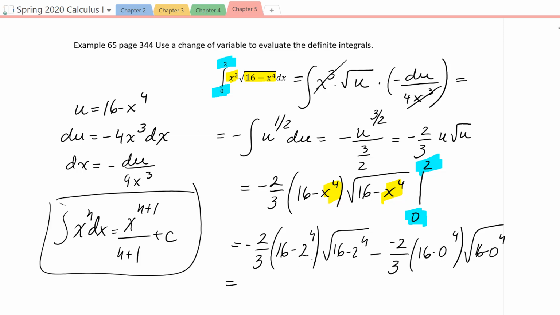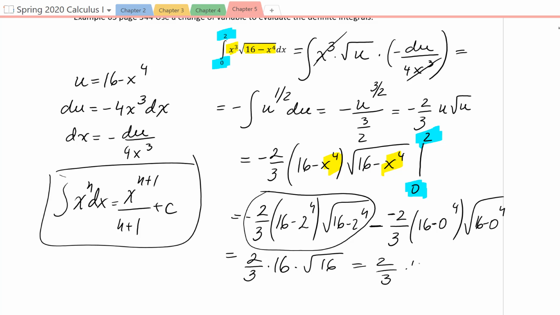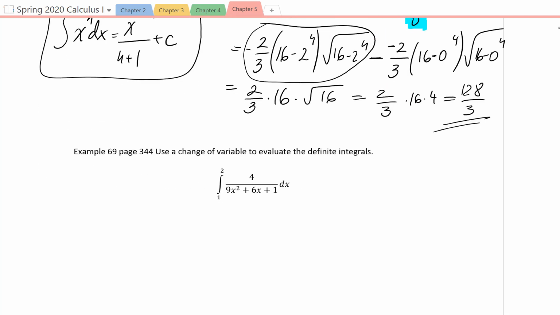Okay, so 2 to the 4th is 16, so this whole quantity here is going to be 0. It's going to give me 2 over 3, here, sorry, it was a minus, times 16 times square root of 16. So 2 over 3 times 16 times 4, so 16 times 4 is 64, times 2, 128 over 3, and there you go.